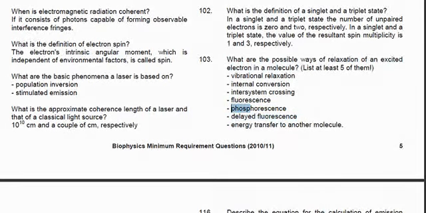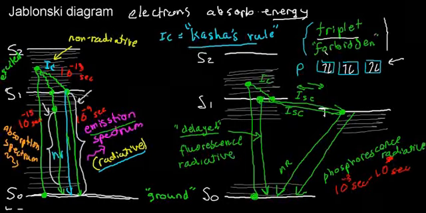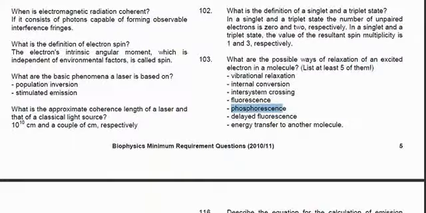We only get phosphorescence when we get radiative relaxation from the triplet state. When the triplet state radiates down, it's always going to be phosphorescence, even though it's considerably slower. And whenever I radiate down from one of my excited singlet states, it is going to be fluorescence. So please don't mix fluorescence, phosphorescence and delayed fluorescence.